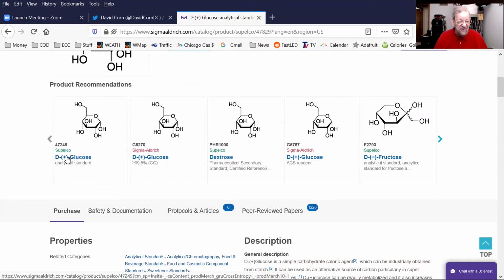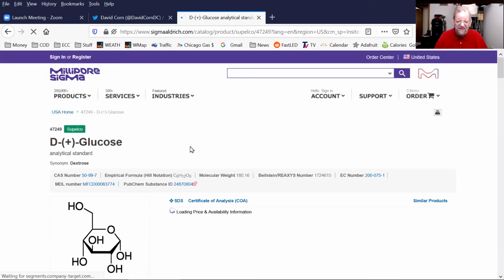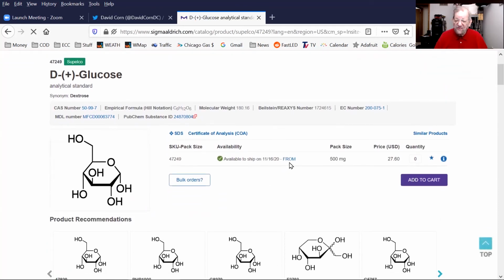If I go to less high quality, which is still good, you'll see it's quite expensive. Half a gram is almost $28, but this is very high quality analytical standard. They have cheaper stuff, they have different qualities.